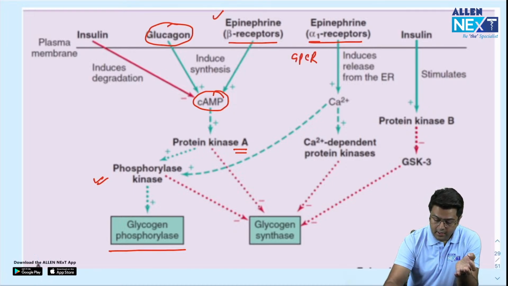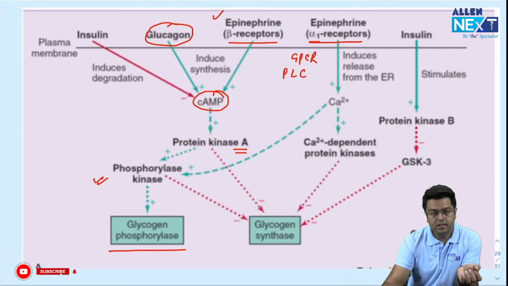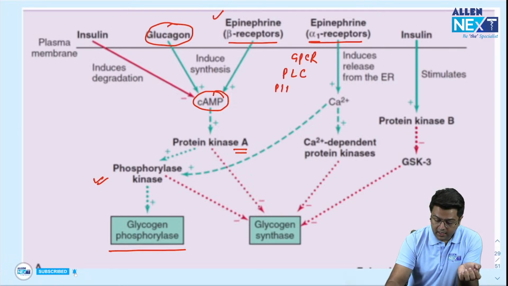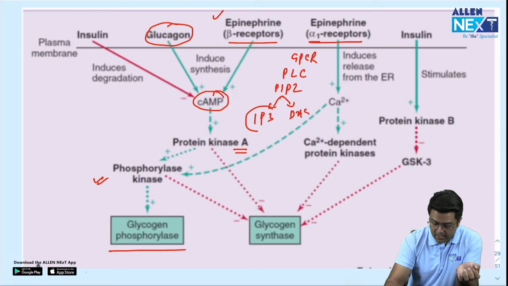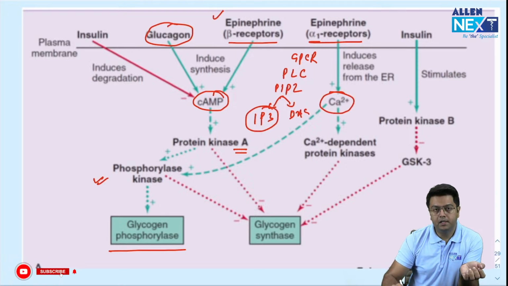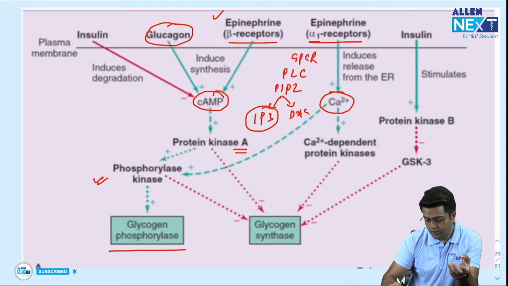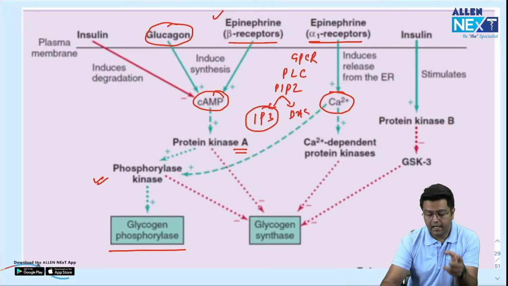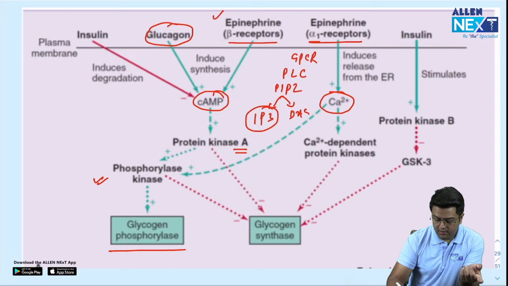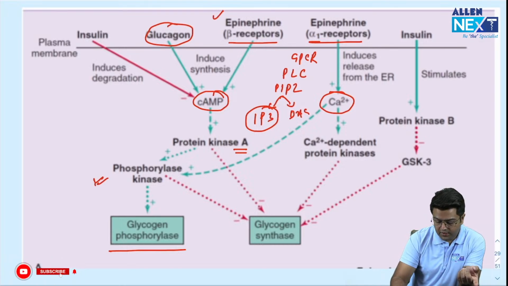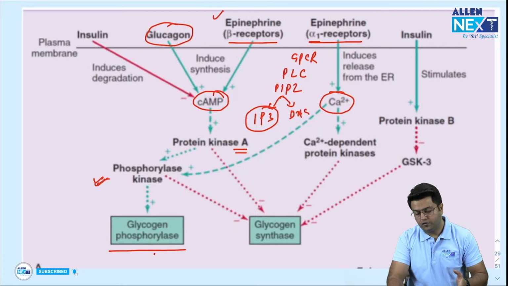Then G protein coupled receptors activate an enzyme called phospholipase C. Phospholipase C converts PIP2 into two parts, that is IP3 and DAG. IP3, inositol triphosphate, activates the calcium release. And guys, when calcium is released, I told you it activates the phosphorylase kinase and activates the glycogen phosphorylase.